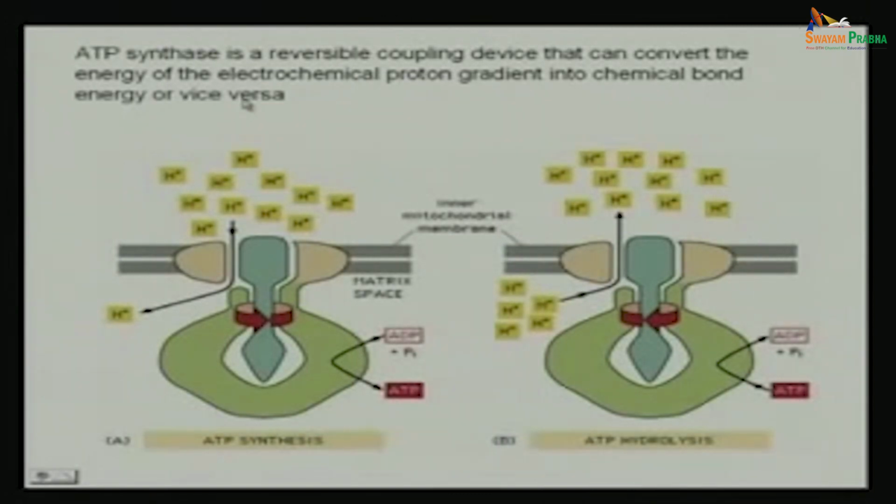Now, if we see, this is the ATP synthase, this is the FO form, this is the F1. When we see the proton concentration gradient, it is higher outside, in the intermembrane space, than in the inner matrix. Then protons are being pumped inside, into the matrix zone of the mitochondria, and during that time ATP synthesis is going on.